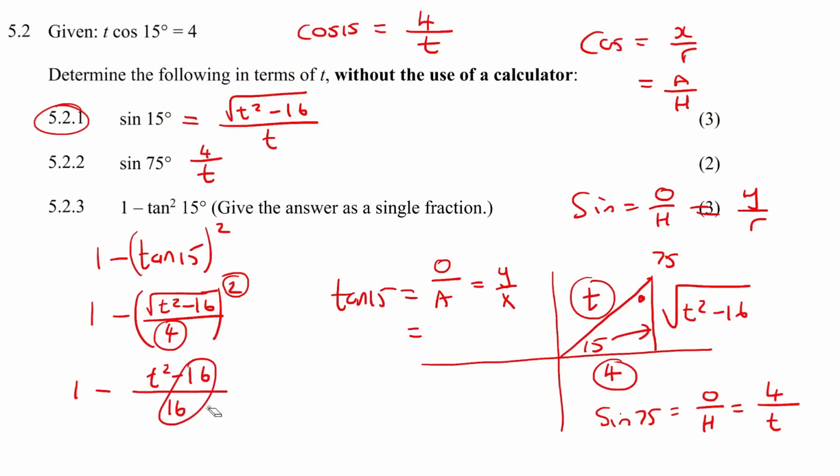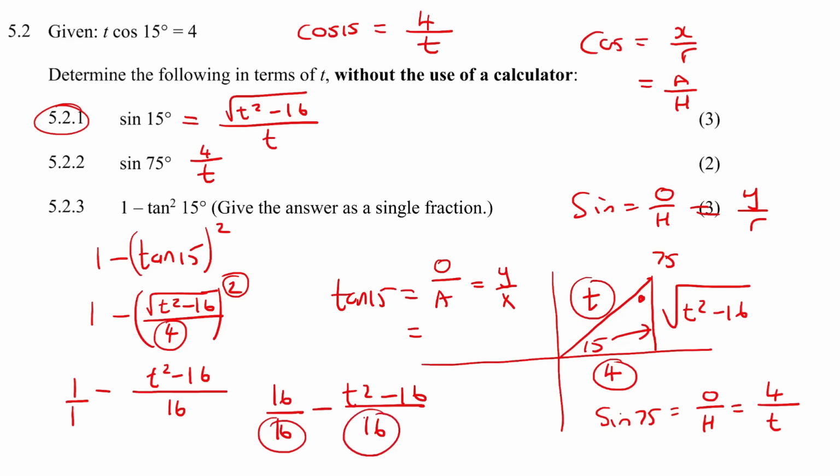And you cannot cancel these because there's more than one term at the top. So then to simplify this a little better, I would get a common denominator, which is 16. So I would write that as 16 over 16 minus that over there. Because my denominators are the same, I can't cancel them because it's not an equation, but what I can do is leave it all over 16.